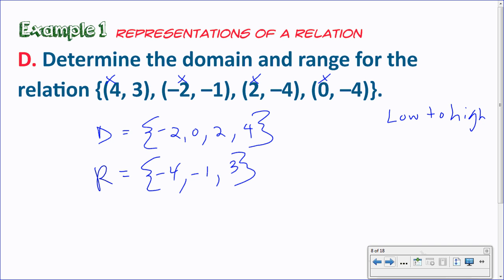Now, you can't really call this representing the relationship because here you don't really know which number goes with what number, do you? Okay, but they're still going to ask you, you know, it falls in that category somewhat.